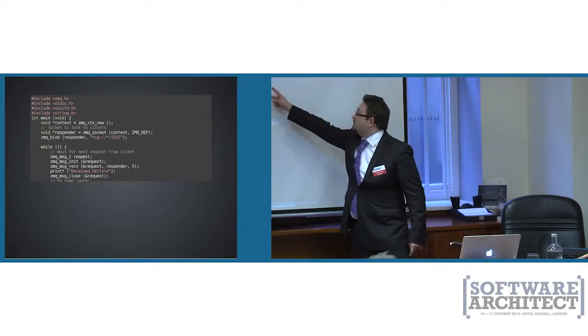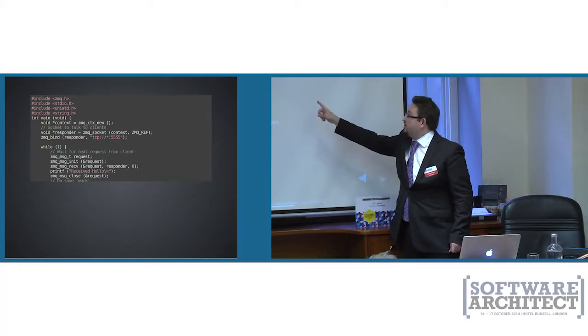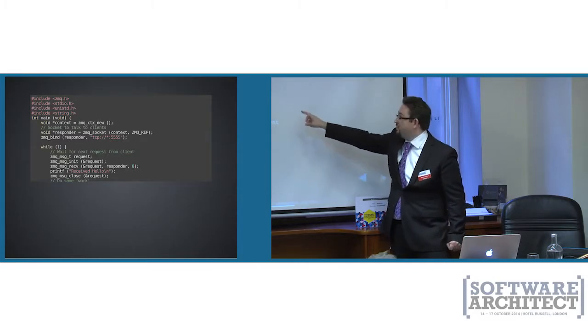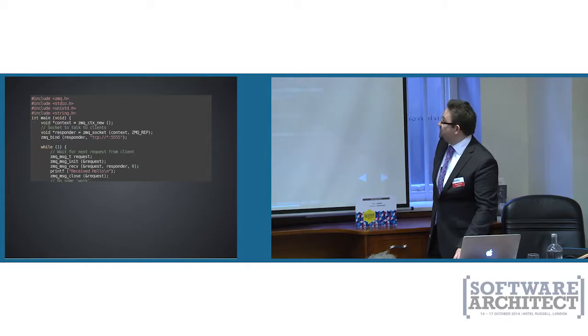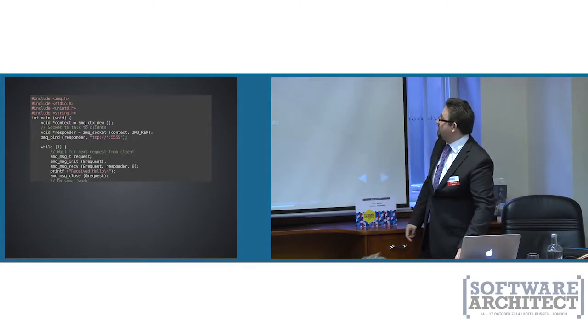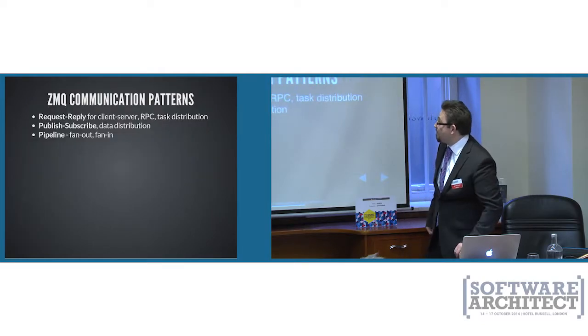So for example, you see when you create a socket, you create a push socket and a socket for pulling. This is where you define these communication pairs. Here is the same in ZeroMQ, and that will be the pull version. It's unfortunate I can't scroll down, but it's actually the same.